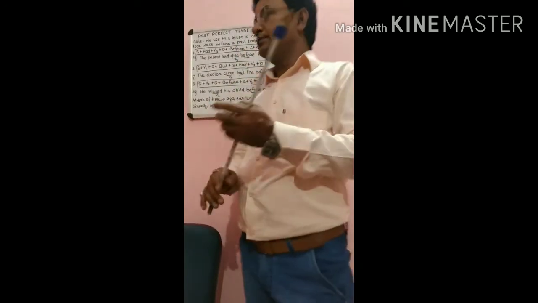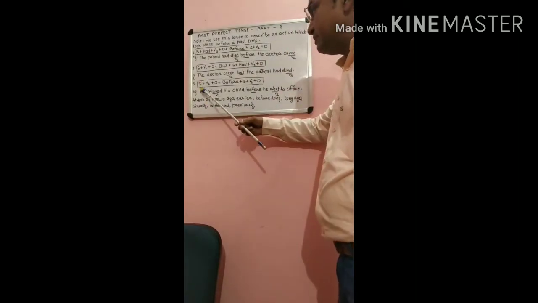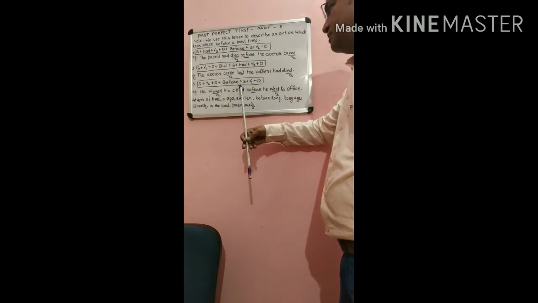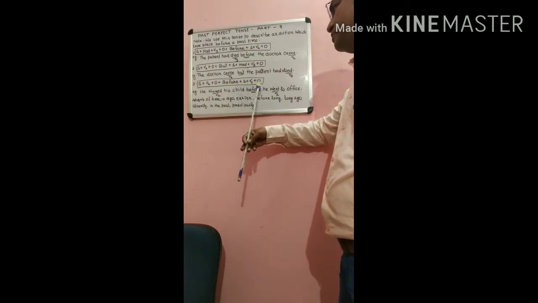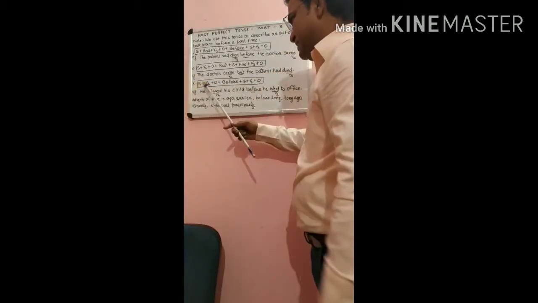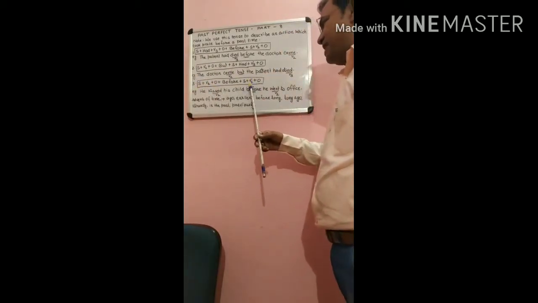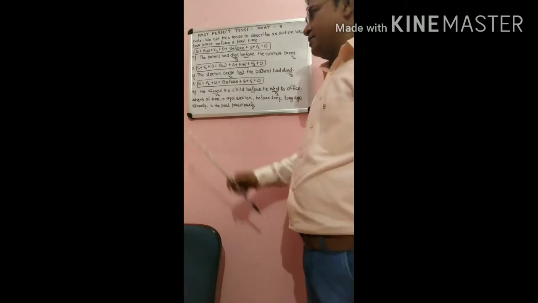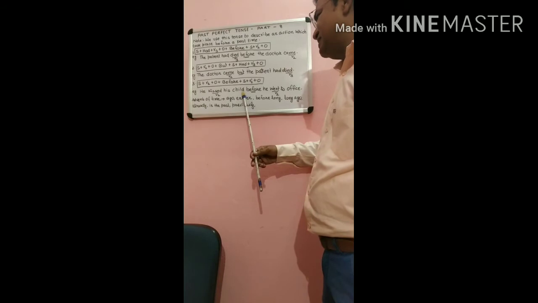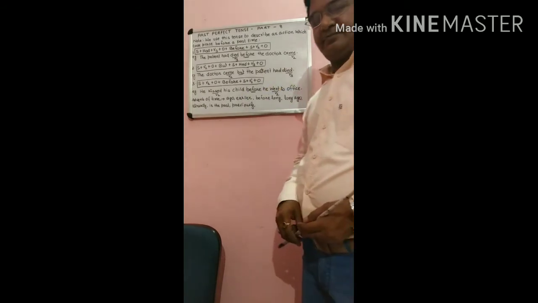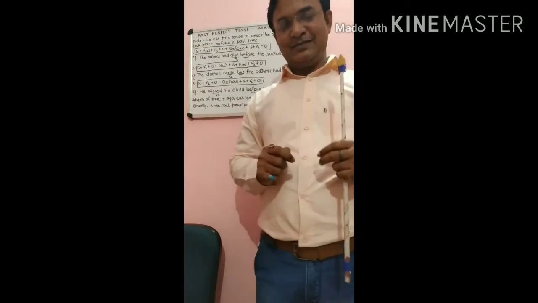So here, have a look. Again, I am repeating the structure: subject plus V2 plus object plus before plus subject plus V2 plus object. That is 2 simple past tenses. The first simple past tense structure is here and the next simple past tense structure is here. Both are connected with before. Example: he kissed his child before he went to office. 2 actions take place.